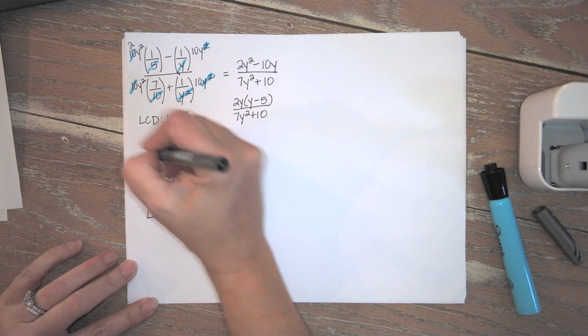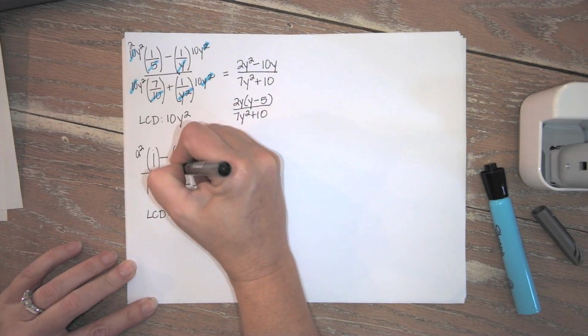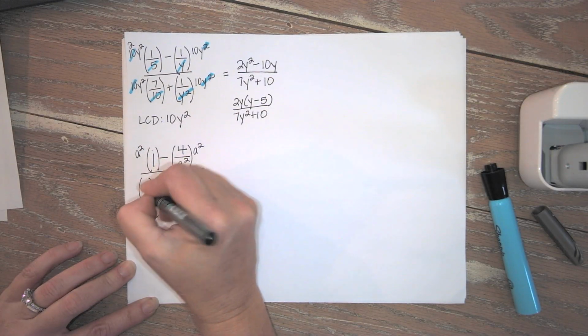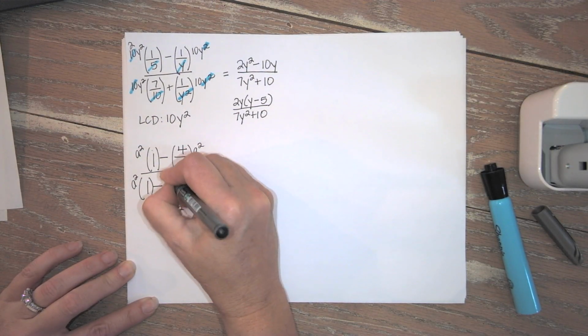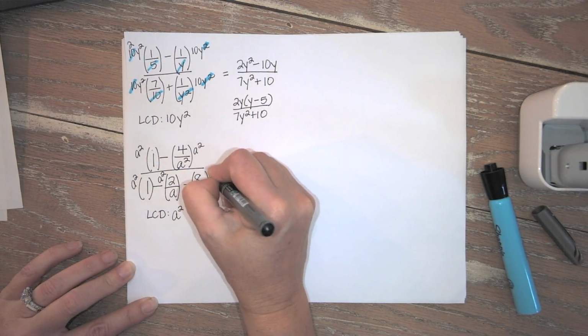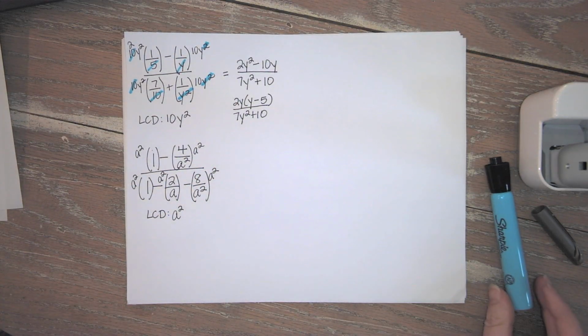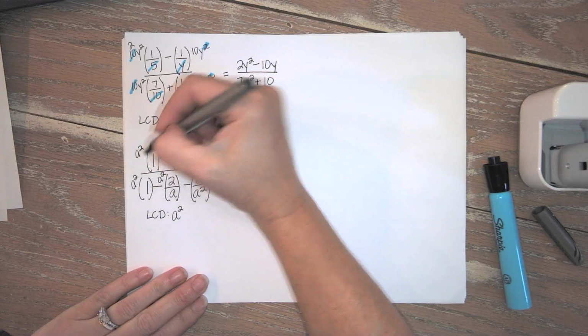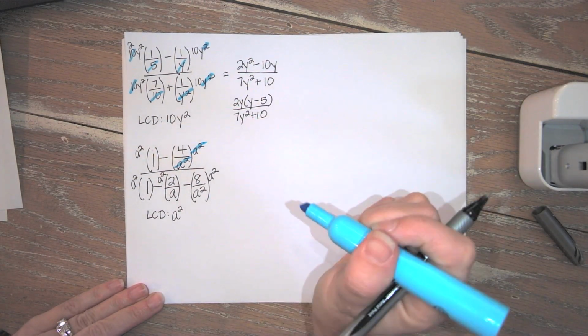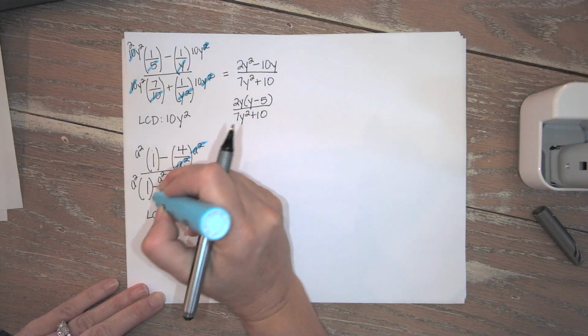So our common denominator for this one's going to be a squared. That's what we're going to go through, and we're going to multiply everything by a squared, even the things that aren't fractions. Every single part has to be multiplied by a squared. Okay, so let's see. Nothing will cancel here. Here, the a squareds will cancel. Nothing will cancel here.